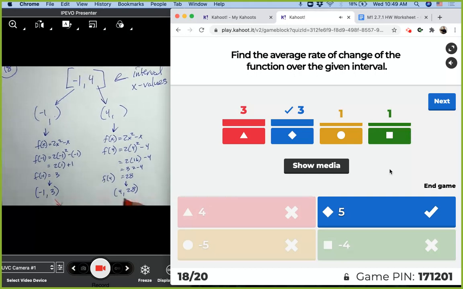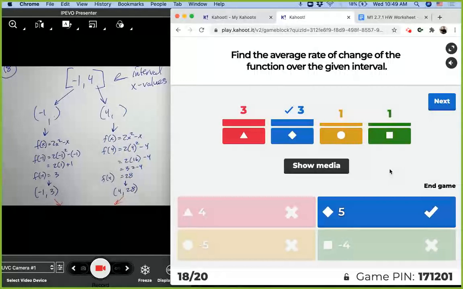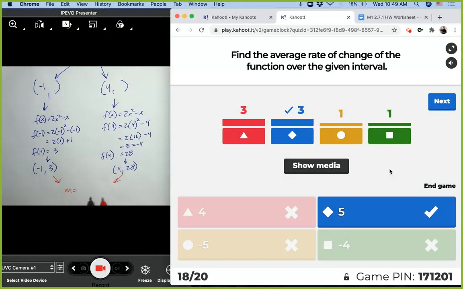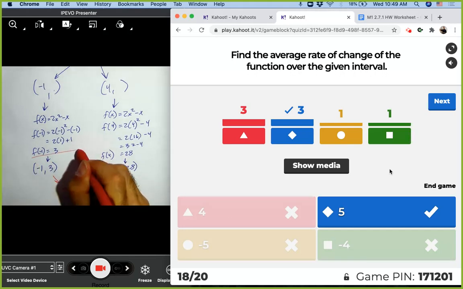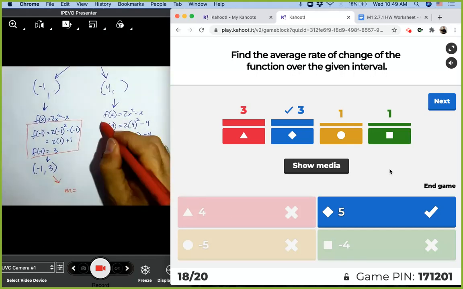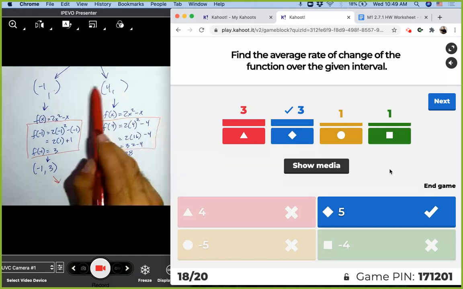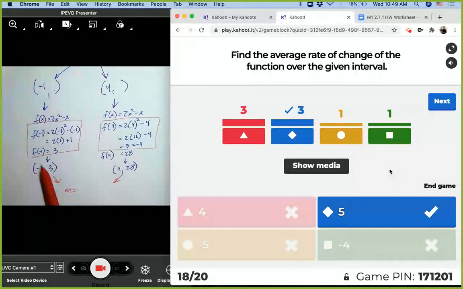Now I'm going to find my rate of change. So all this work was plugging in our 2 interval values into our function to find the corresponding y value.